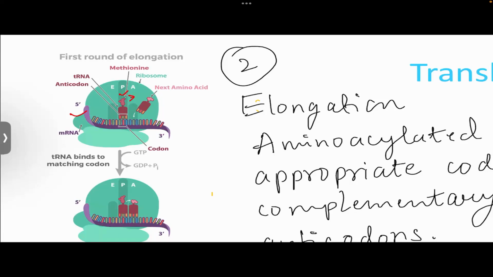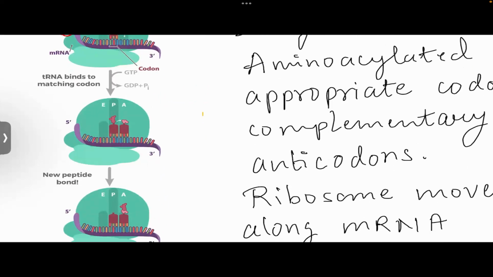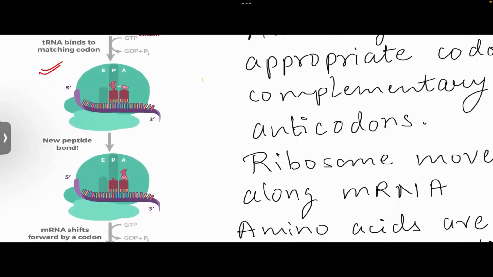Towards the 3' end, one site in the large subunit is now empty, to which another tRNA carrying another amino acid can come and bind. So in this step, the binding has happened.